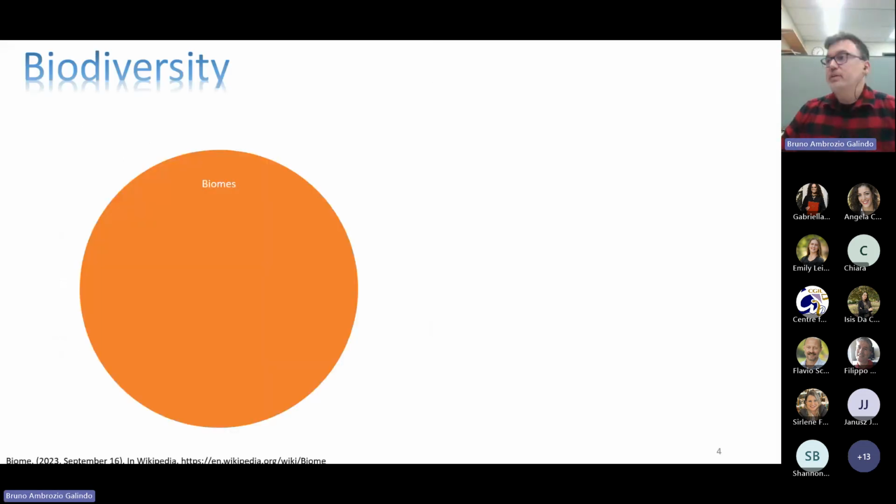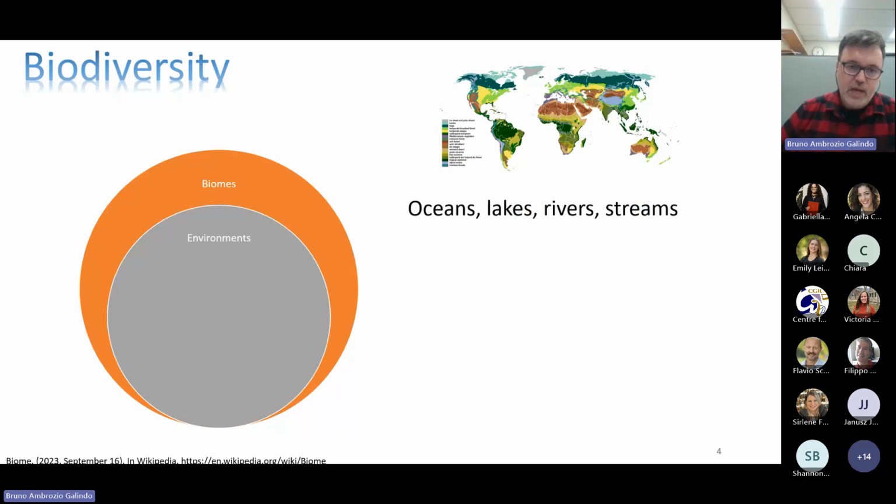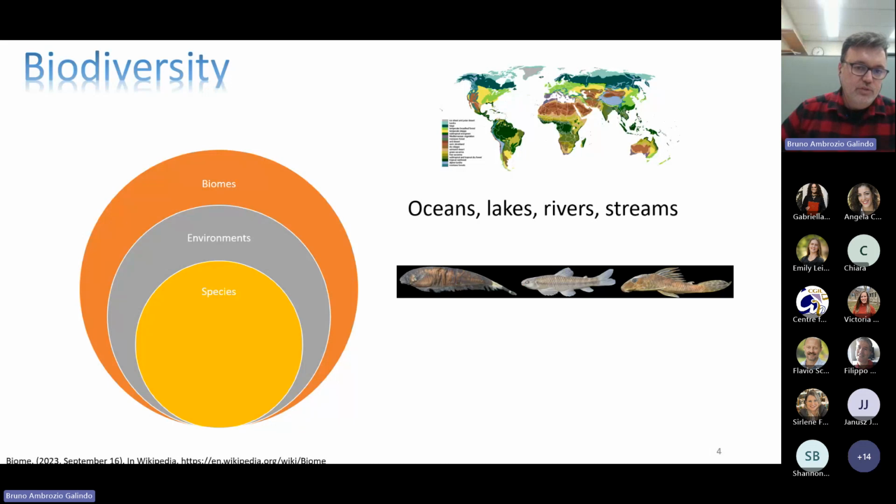So, biodiversity is a broad concept. We have several levels, several standpoints from which we can see biodiversity. The first one is the biome level. We have different biomes covering the earth. Then we have the environment level, with different environments within one biome. For example, as I'm talking about fishes, in the aquatic environment we have the oceans, lakes, rivers, streams, and so on. Within each environment, we have different species.